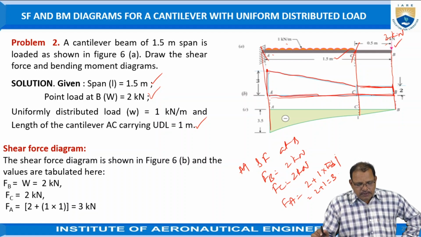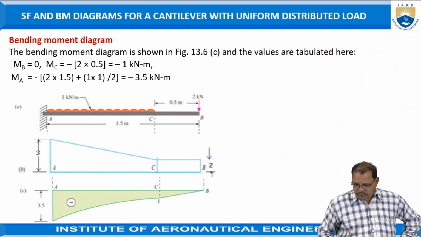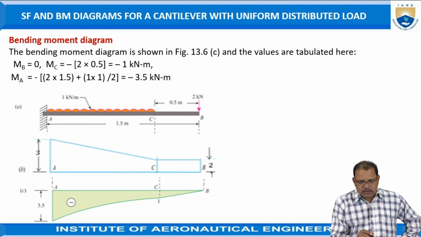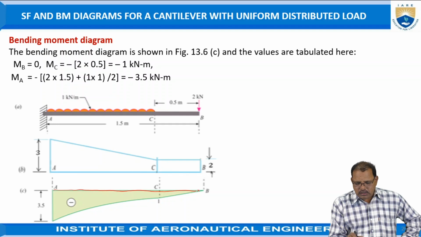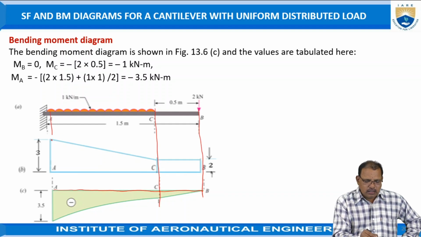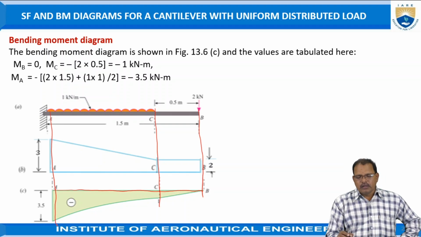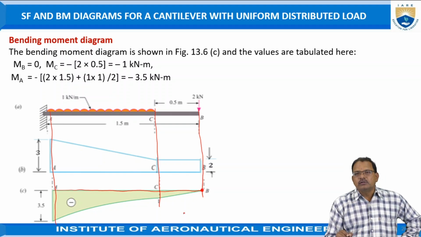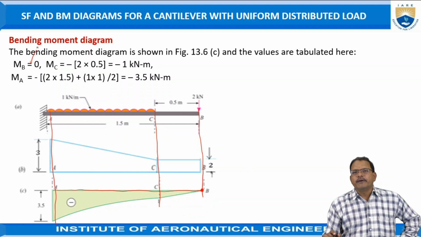And in order to draw the bending moment diagram, here draw the horizontal lines. Just here, these are the forces acting. The bending moment at B is equal to 0. Free hand is already completed.